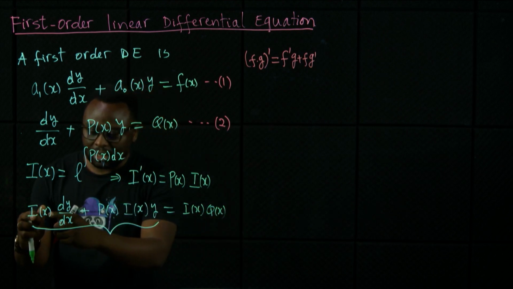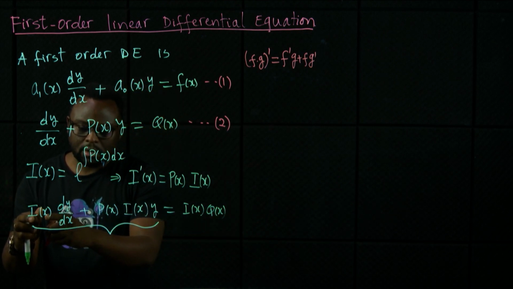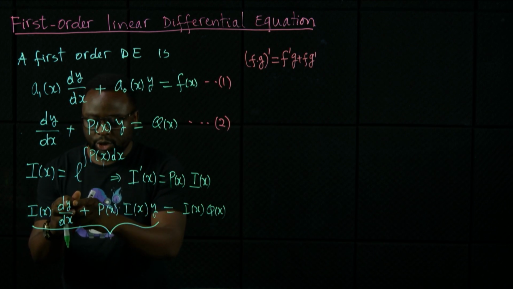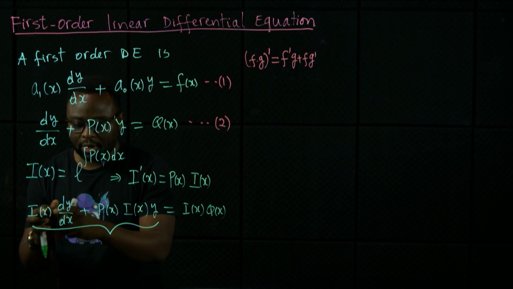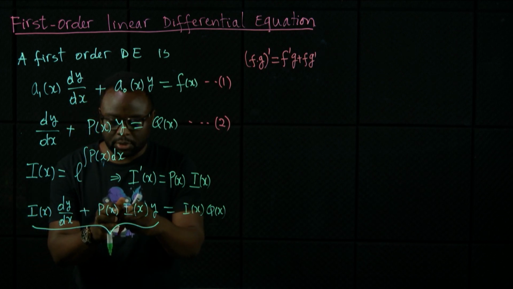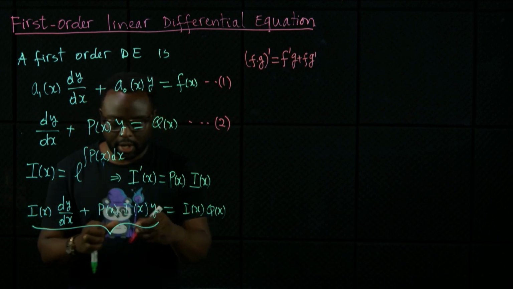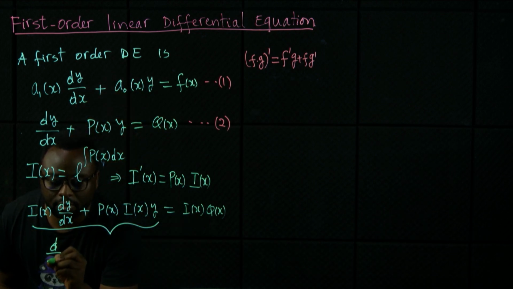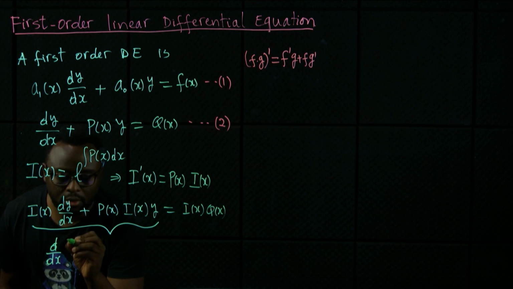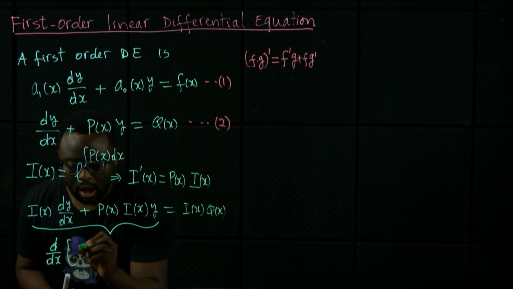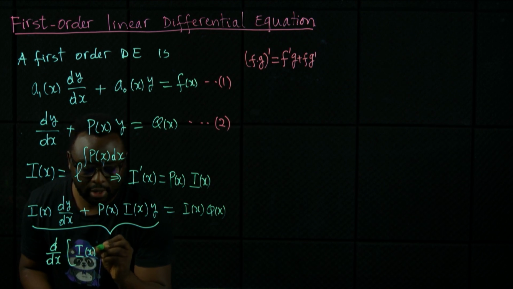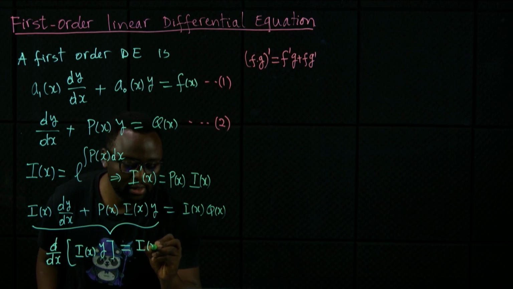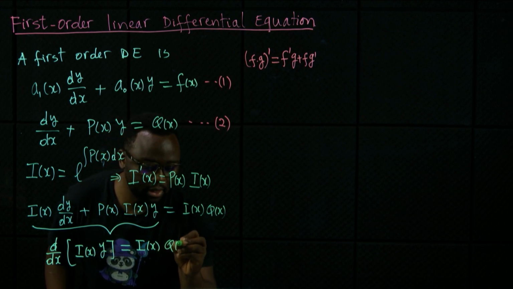Here, if f is I and g is y, then this can be written as the derivative with respect to x of I of x times y, and this equals I of x times q of x.